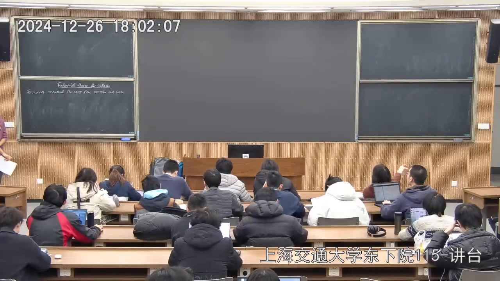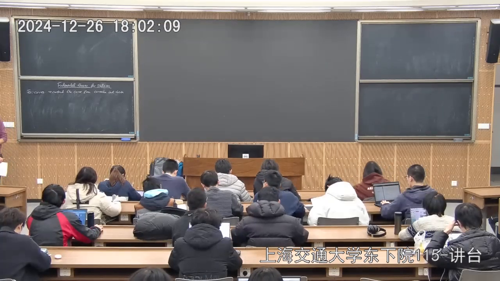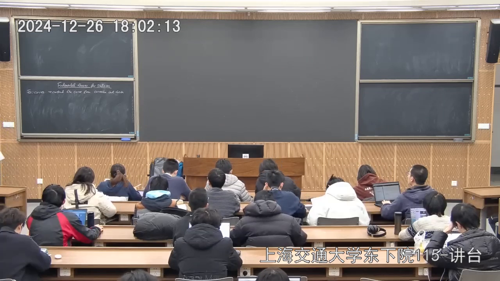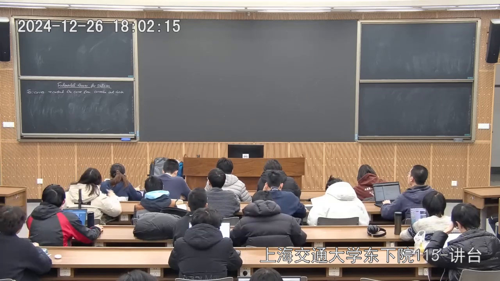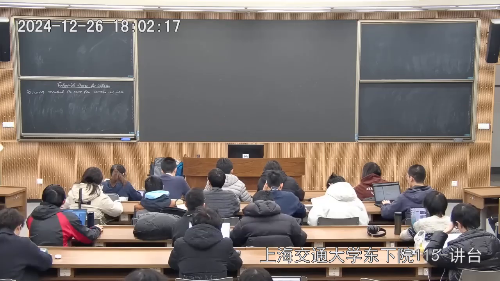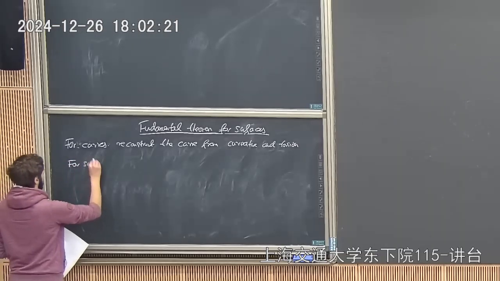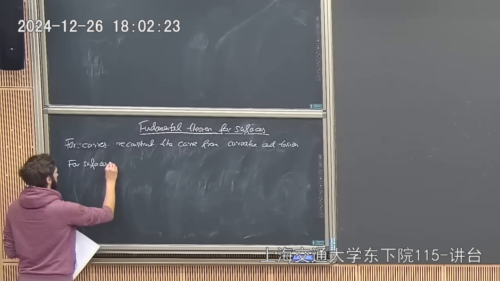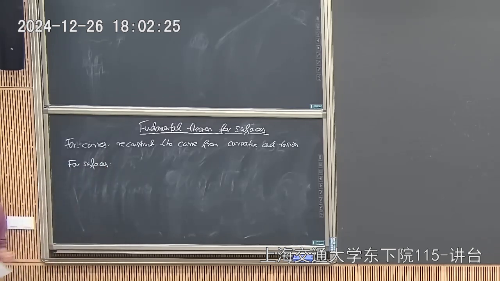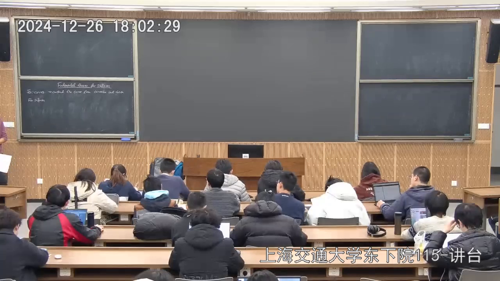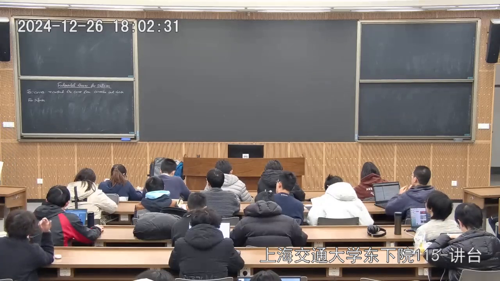What do you think I need to specify in order to reconstruct the surface? What kind of information do I need to give you so that you can say, that's the surface that you were looking at? Does someone have an idea what you need to specify in order to reconstruct the surface?